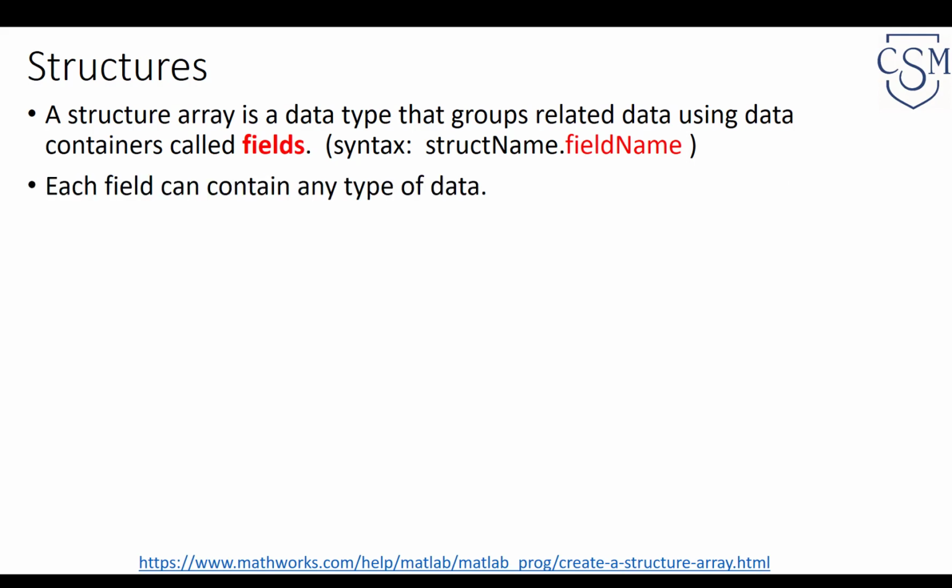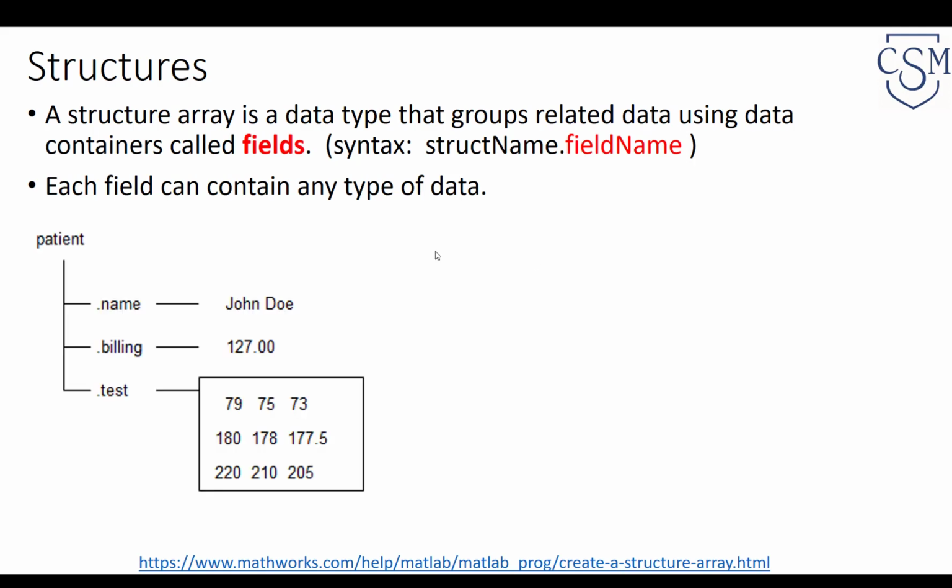And so any of the fields could contain any type of data. So just like a cell, this has the potential to carry heterogeneous data types, but in a more organized fashion. Let's say, for example, we had a patient, and maybe we had some medical data where we knew the patient's name, their billing, how much they were going to pay for something they did in an office, and then maybe some test scores.